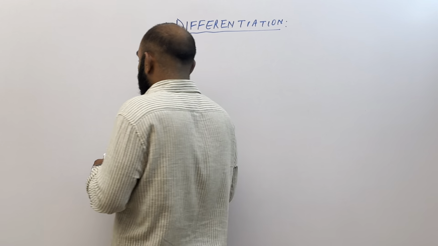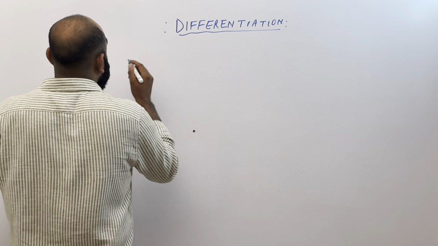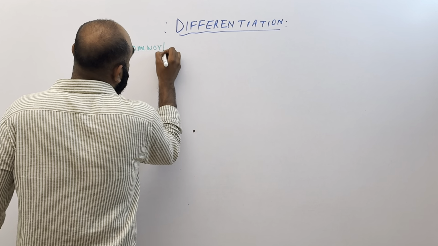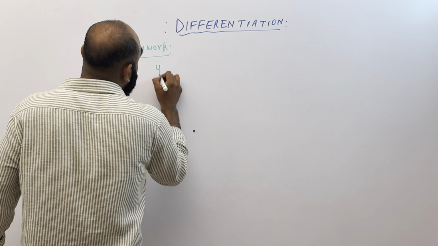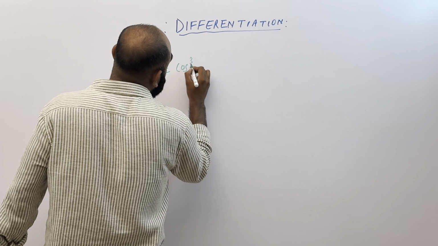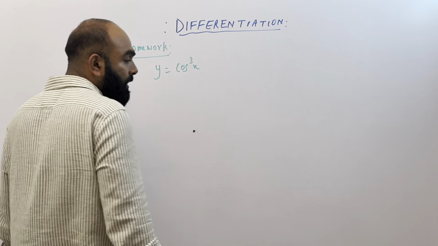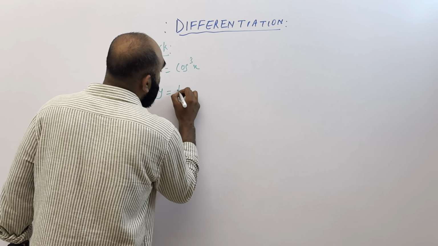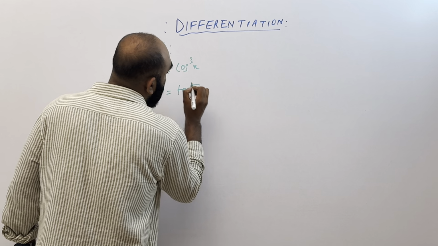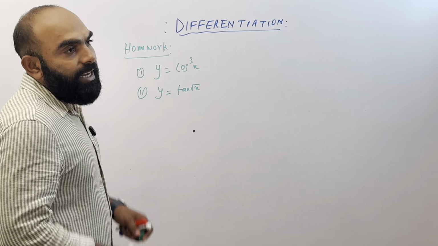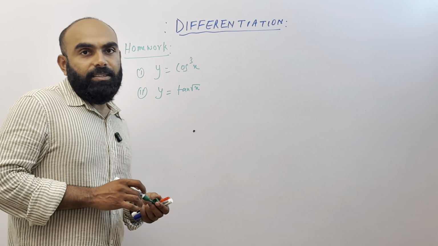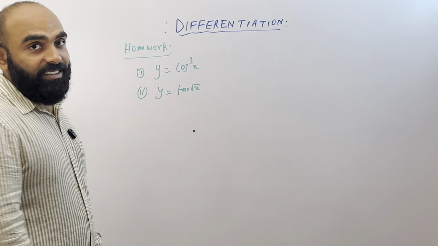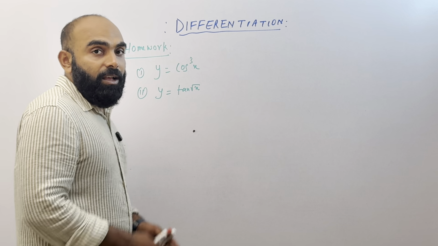First question, homework: y is equal to cos of 3x. Second one: y is equal to tan of root x. Tan x differentiation we know, that is sec square x. I am asking tan of root x. Here root x is the theta. Clear?